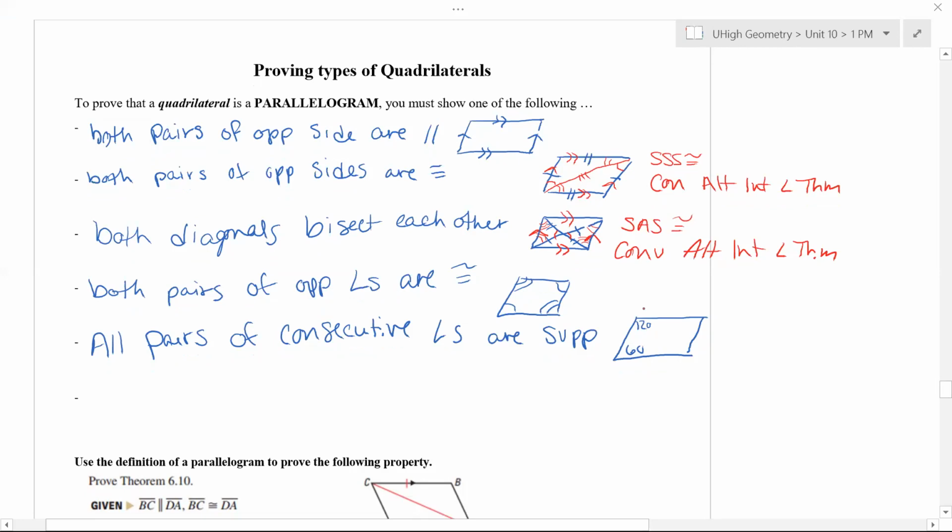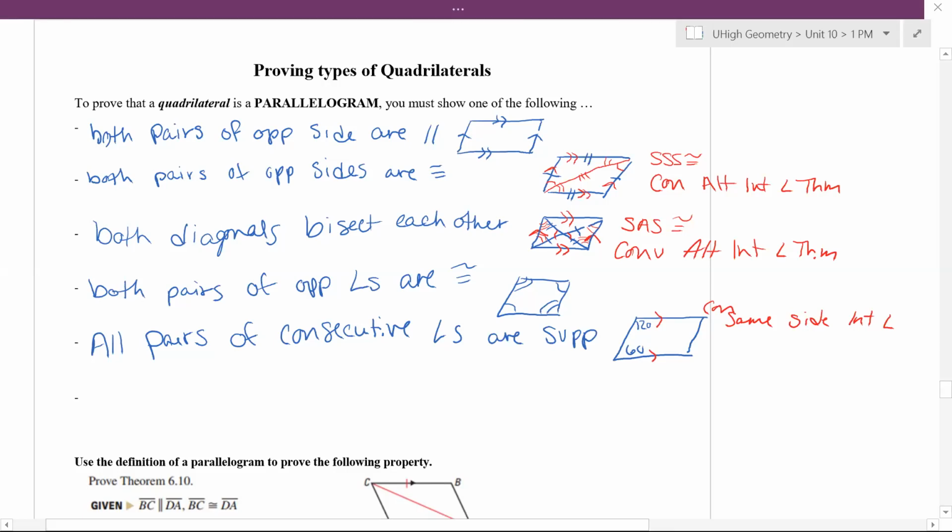Well, these would be same side interior angles. So the converse of my same side interior angles theorem would say that I have two parallel lines.